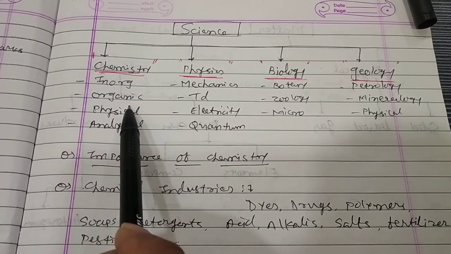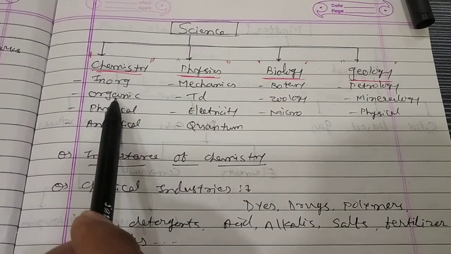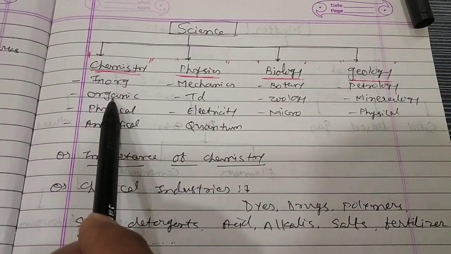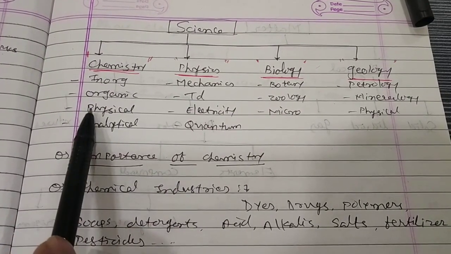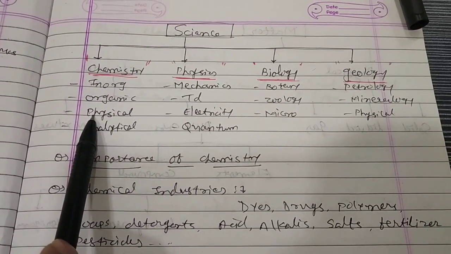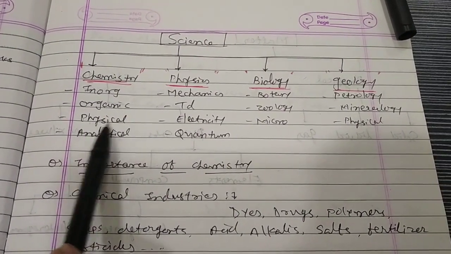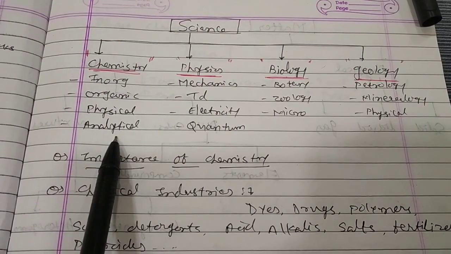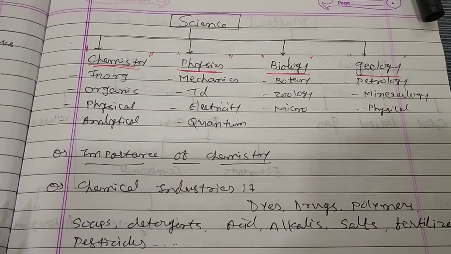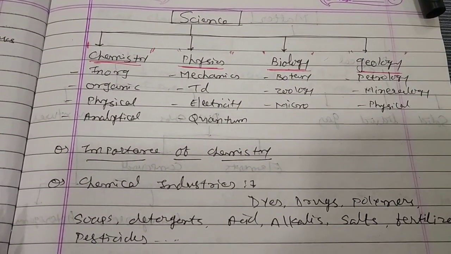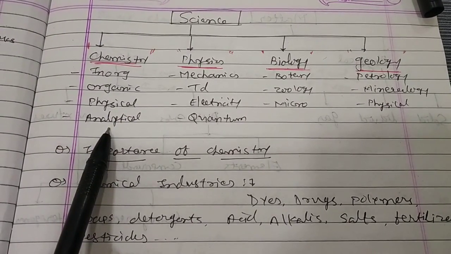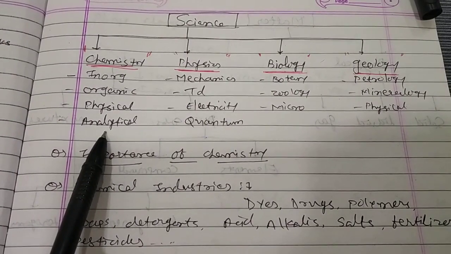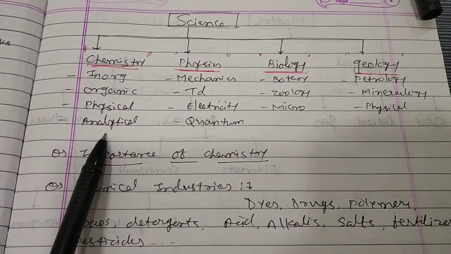In organic chemistry, chapters number 12 and 13 are really very important, because in 12th standard, book 2 is completely based on organic chemistry. Then the middle chapters, chapter number 5, 6, 7, 8, are entitled physical chemistry. And we have analytical chemistry where we practice some practical work. In the chemistry laboratory, during practicals, you make calculations such as molality and normality, which is analytical chemistry. So chapter number 1 belongs to analytical chemistry.